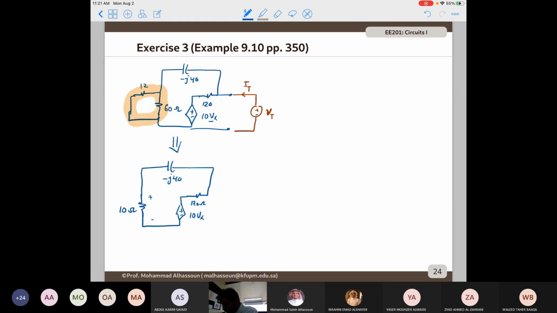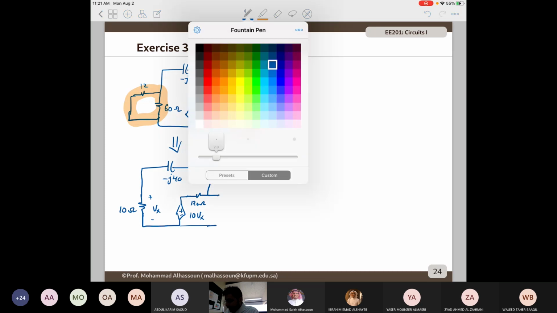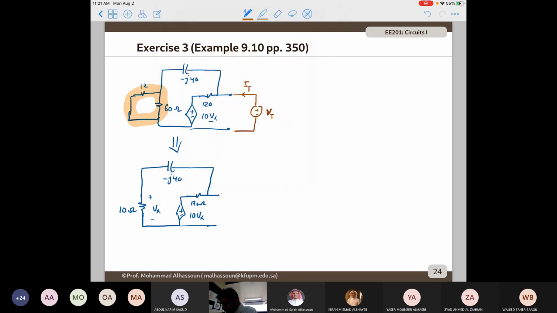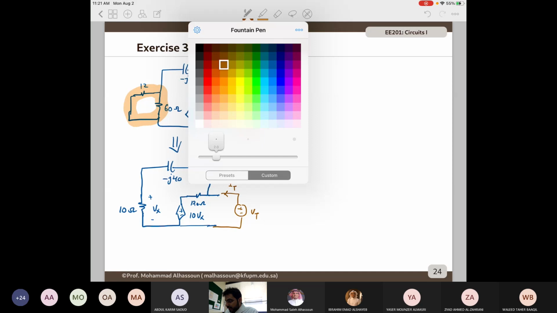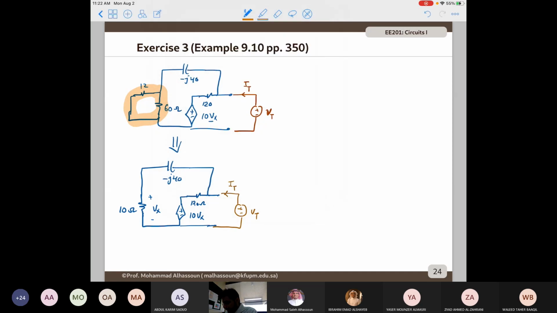So Vx is going to be this one. This is the test voltage, and this is I of t. In order to find I of t, I need to apply KCL here.